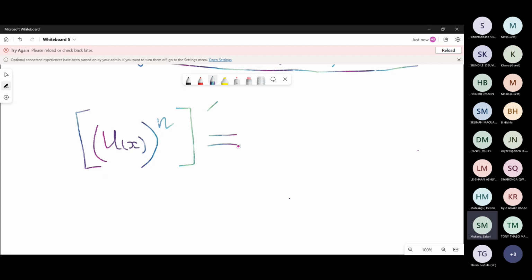Okay, who can repeat it again? We take n down. Who can continue, please? This function u, we take it at the power of... Is it not n minus 1?